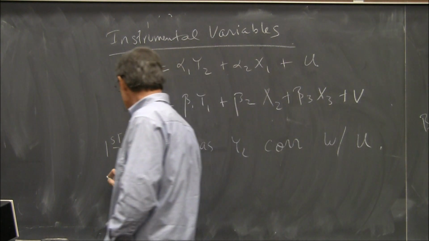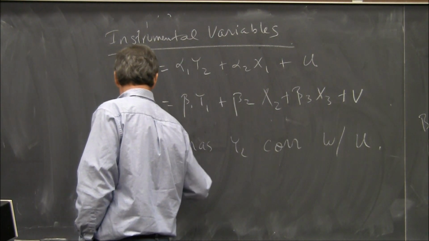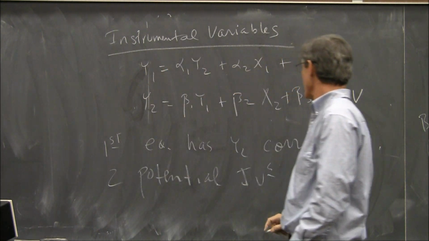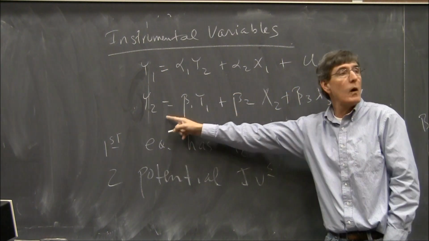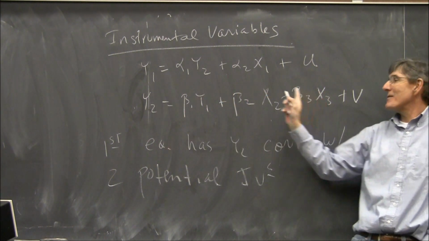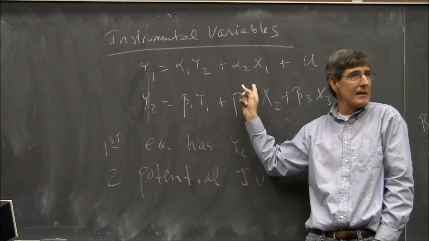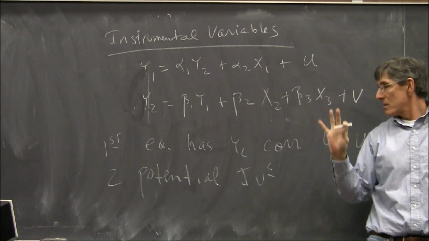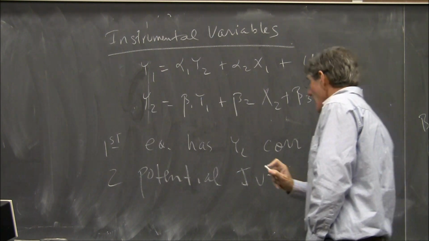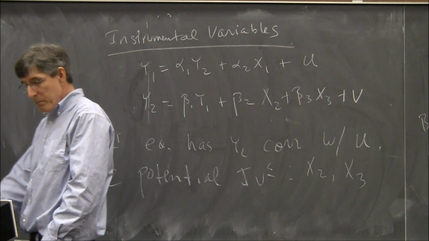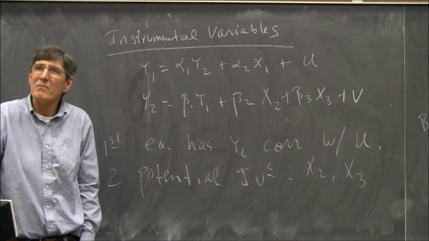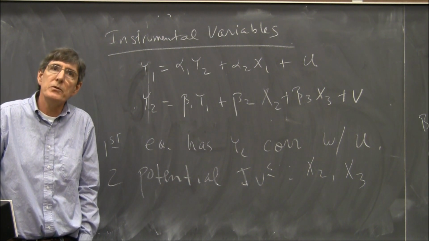Well, there's 2 potential instruments here. x2 is certainly correlated with y2, and it's not in this equation. x3 is certainly correlated with y2, and it's not in this equation. So x2 and x3 are both potential instrumental variables. Which one should you use?